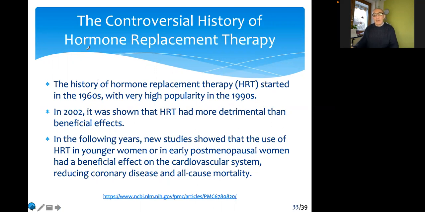Another example of this change is hormone replacement therapy. Hormone replacement therapy was introduced in the 1960s. I remember I graduated in 1991. When I was a medical student, it was still in practice. In some schools, some hospitals, it was even routine practice to administer hormone replacement therapy, estrogens, to women in menopause.